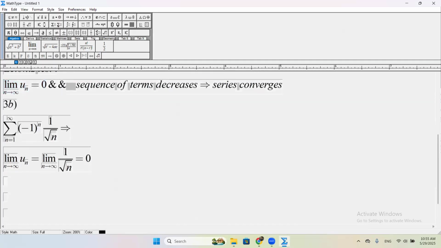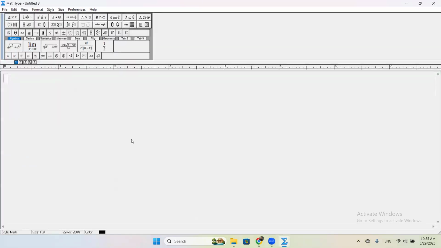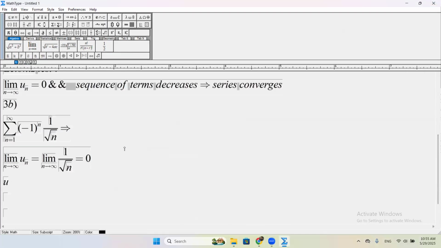Then what about the decreasing? Let's write down un. So un equals 1 over square root of n. And what about un plus 1? It will be equal to 1 over square root of n plus 1.